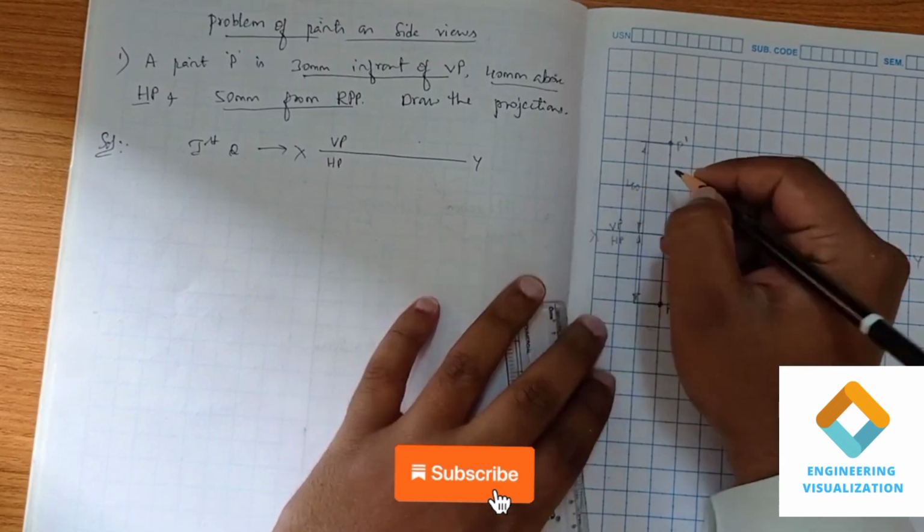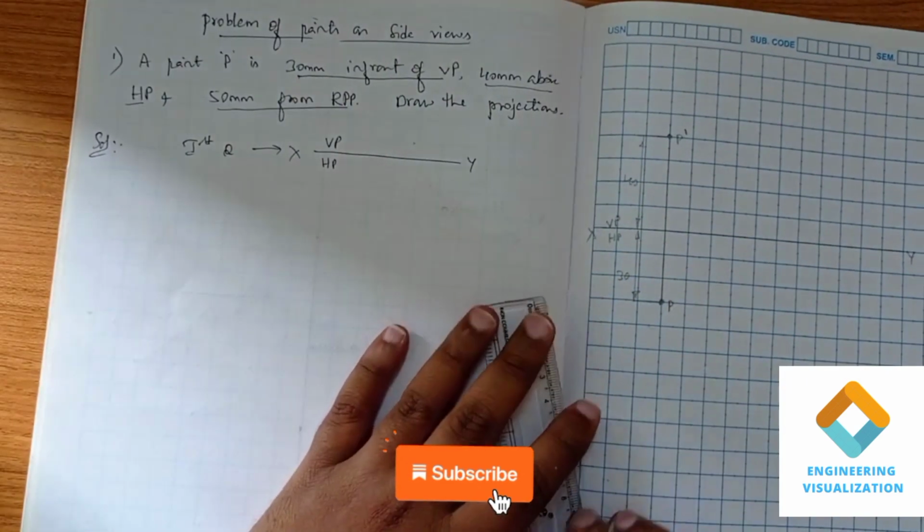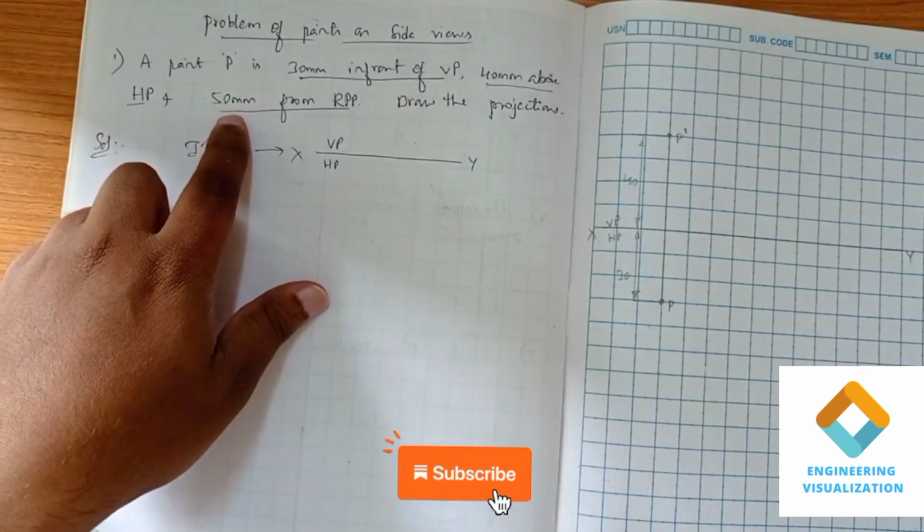This is 40 mm and this is 30 mm. Now you can see this 50 mm from RPP.